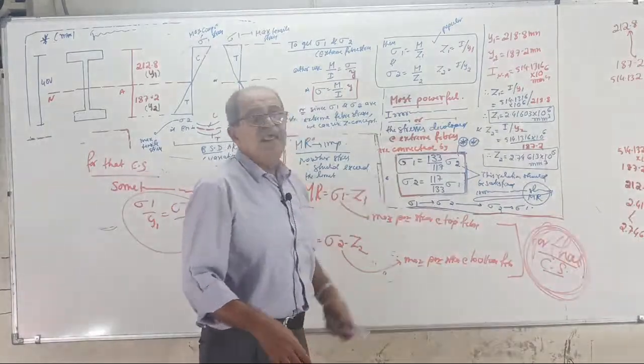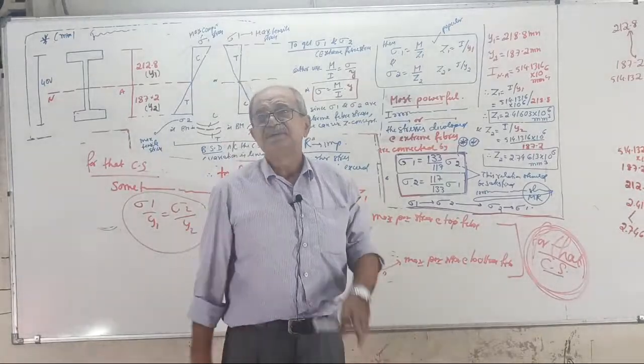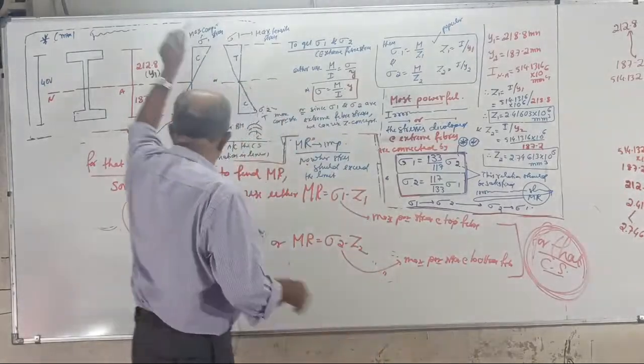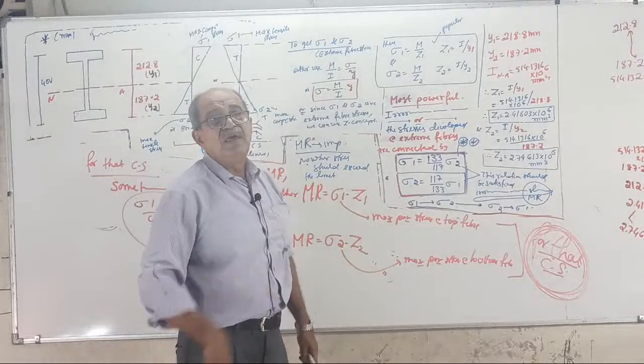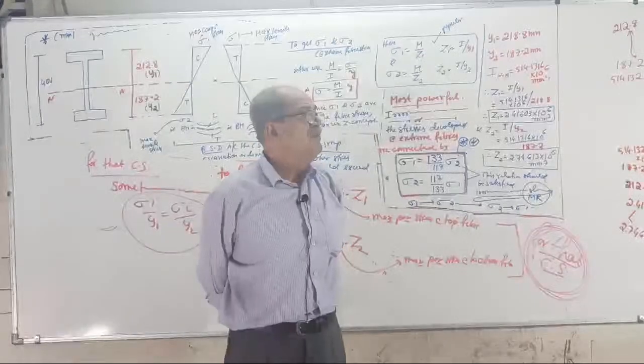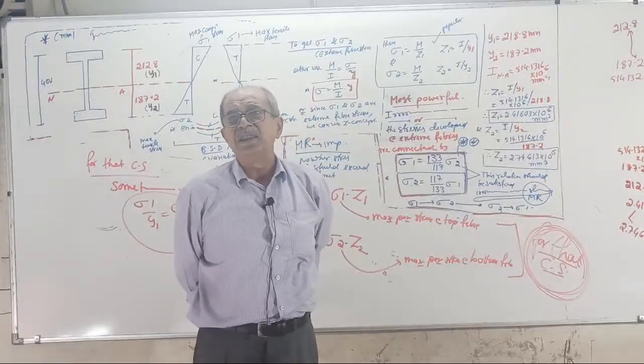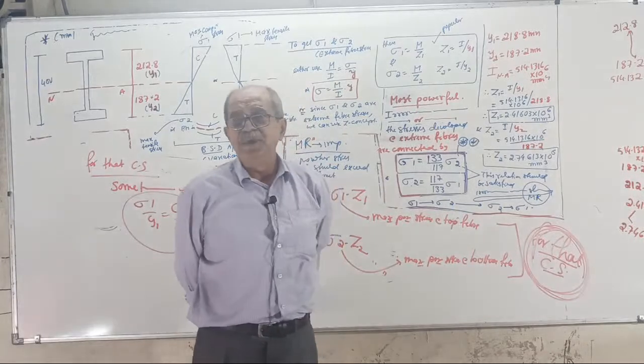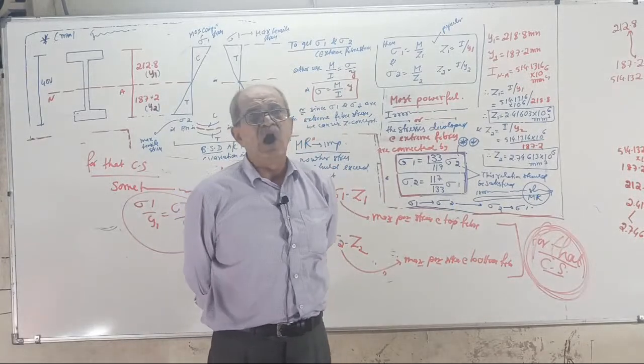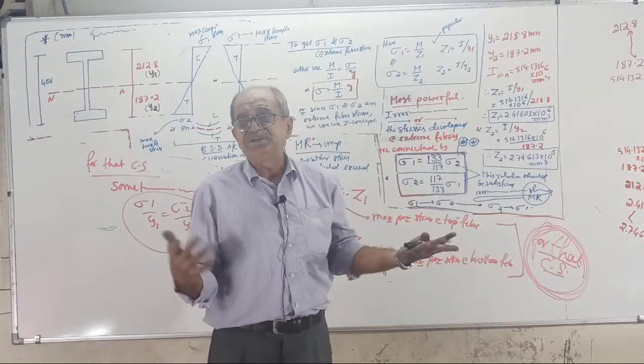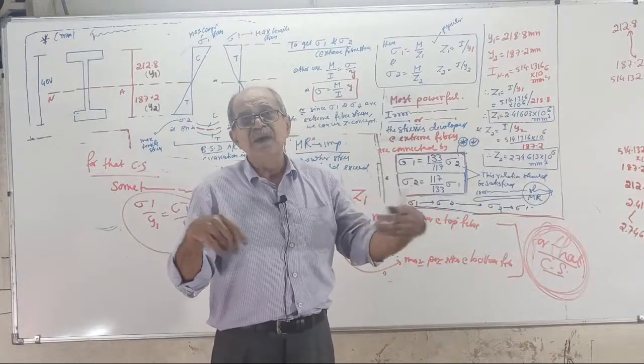So at least in one place stress should reach the limit. See here, money matter. First case, A will reach the limit, B will not reach the limit. Second case, B will reach the limit, A will not reach the limit. Third case, special case, both will reach simultaneously.